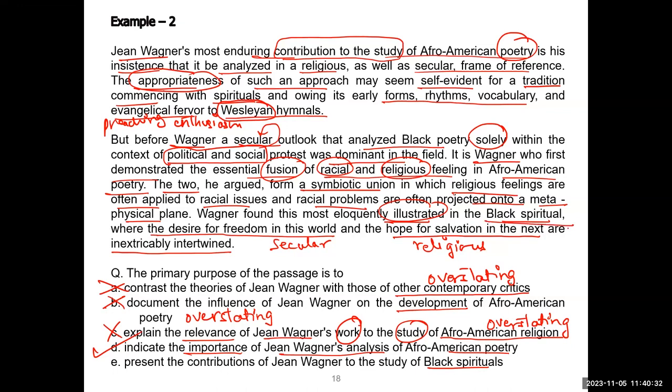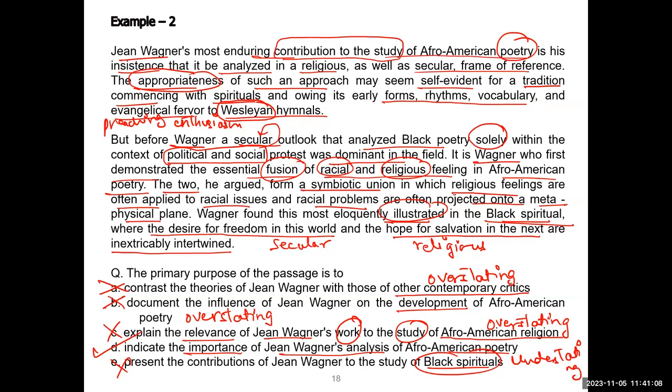Can an example become the main idea? You give examples to prove a point. Not possible. So what is happening in number E is that you are understating the main idea, because you are picking up an example that was mentioned in the passage and you are trying to pass it off as the main idea.